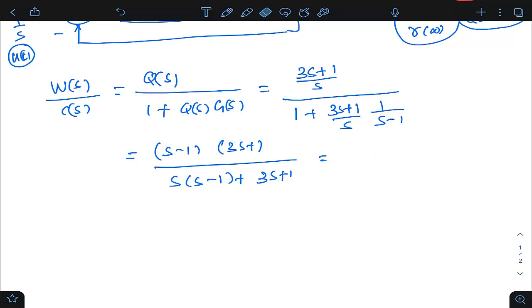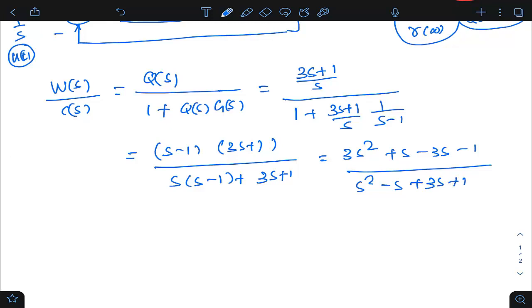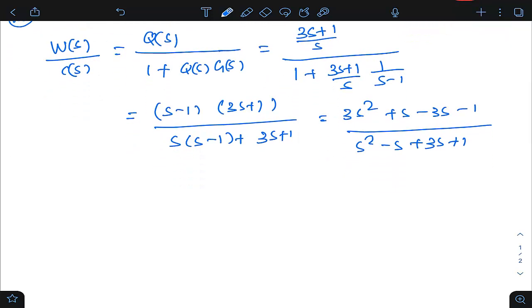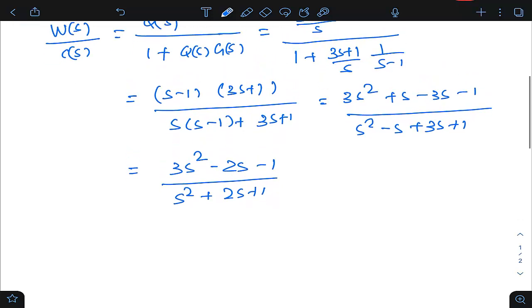Then if you simplify this, this happens to be 3S square plus S minus 3S minus 1, whole divided by S square minus S plus 3S plus 1. Now if you simplify this, this happens to be 3S square, S minus 3S is minus 2S, minus 1, whole divided by S square plus 2S plus 1. So this is your W of S divided by C of S.